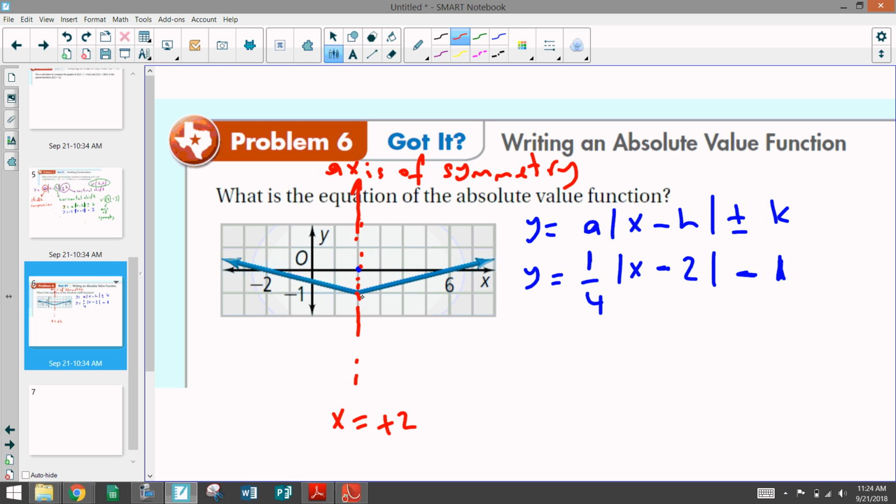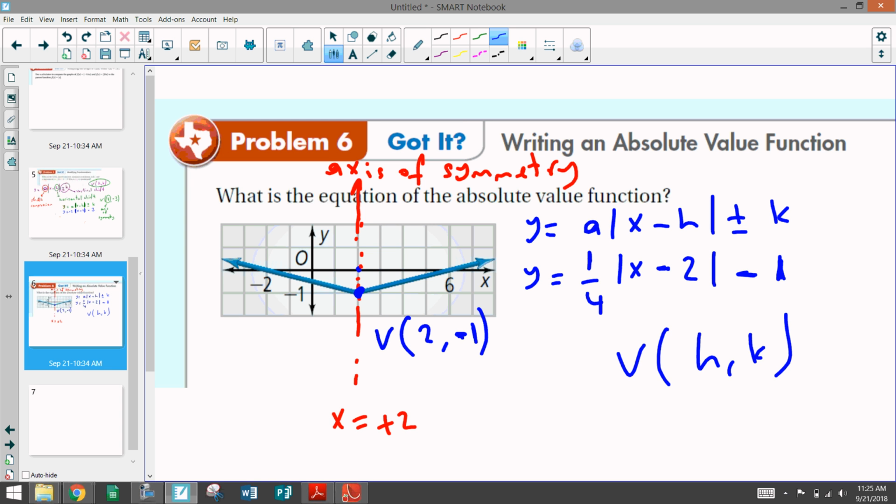For the coordinates of the vertex, there are two methods to do that. What is this? X is 2, y is negative 1. Right? X is 2, y is negative 1 is giving me the coordinates. Without knowing this, I can tell you that h and k, remember, the vertex formula gives you the vertex.